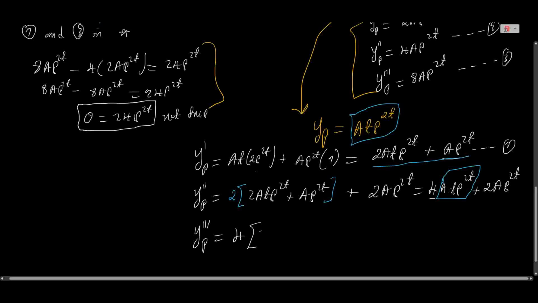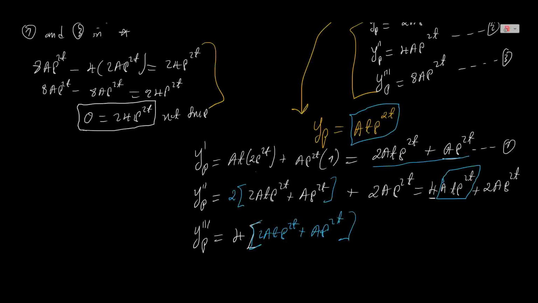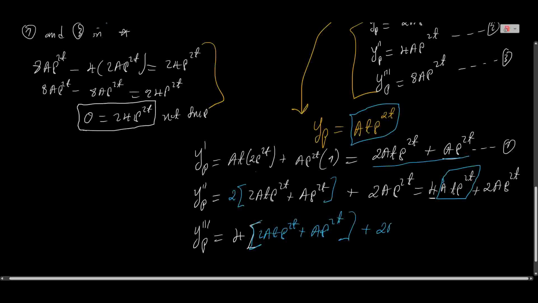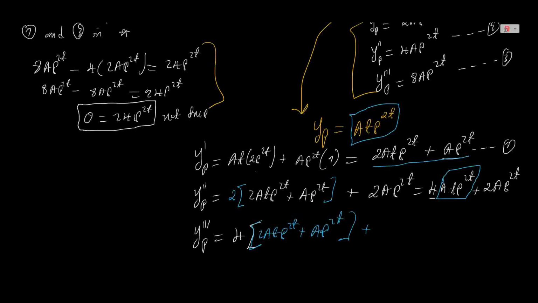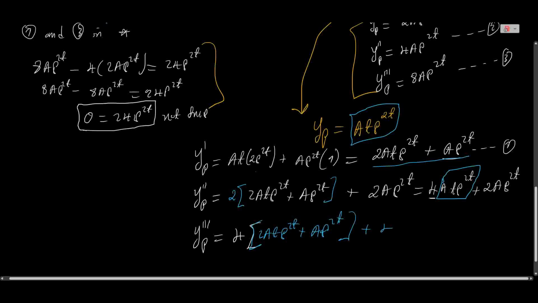So this will be 2a t e raised to the power 2t plus a e raised to the power 2t, then plus 2a, and we differentiate this, which will be 4a e raised to the power 2t. So that's our third derivative.